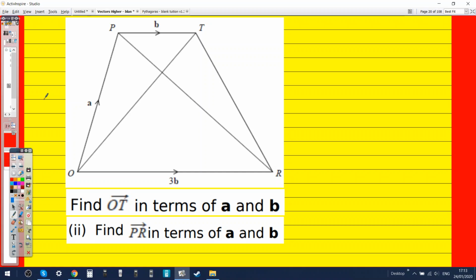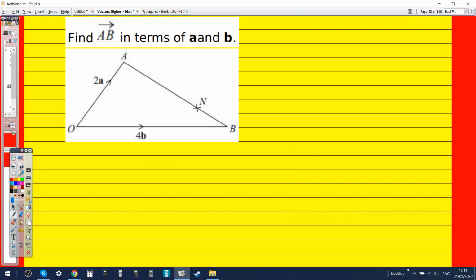Okay, let's try this. Plus a plus b. a plus b. And part 2. Minus a plus 3b. Well done. How about this?